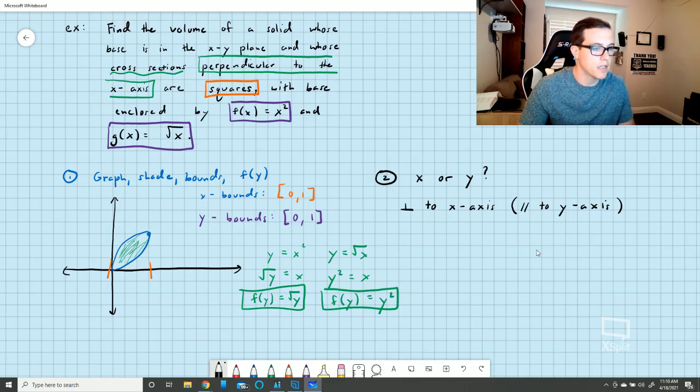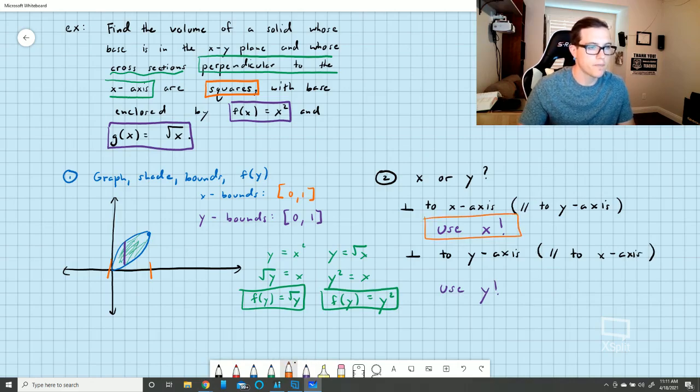Perpendicular to the x-axis, which means the cross-section would be this way, that thing in purple I just drew. You're going to use x. But if it says perpendicular to the y-axis, which means parallel to the x-axis, which is not this case, but we'll do one in a second, that's when you're going to use y. So in this case, we are using x's.